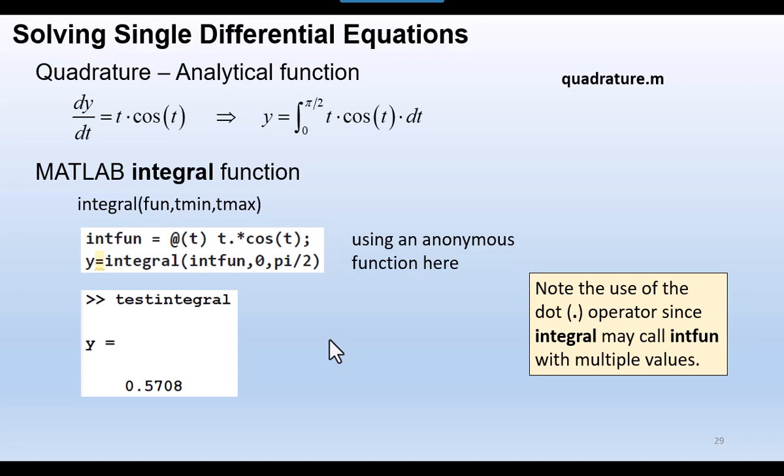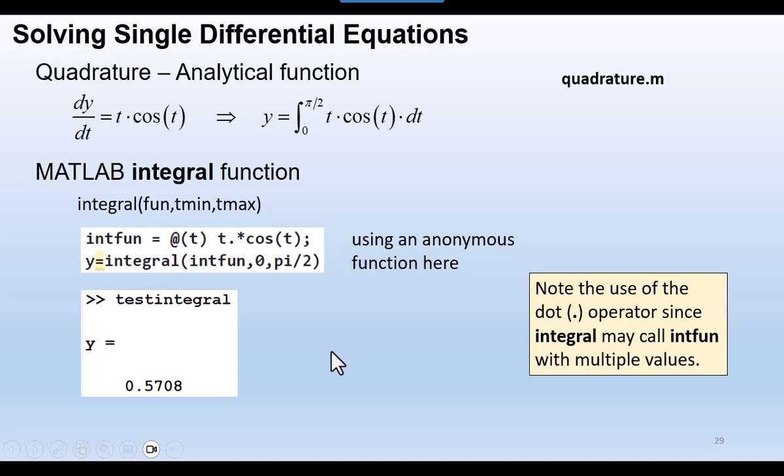So this shows you how we illustrated the first use of the integral function, and we did so with a slightly different use of the anonymous function definition, where instead of putting in another function here, we put in the actual formula that corresponds to the function of t.